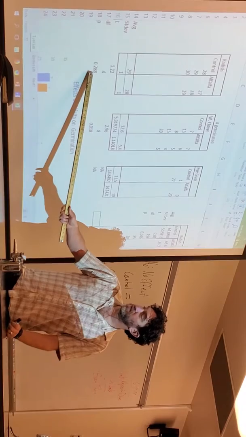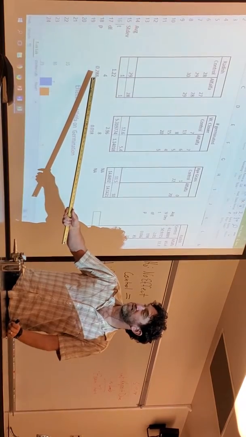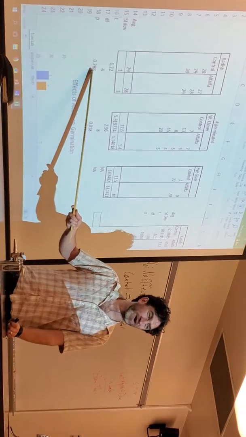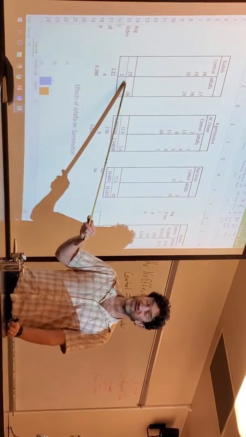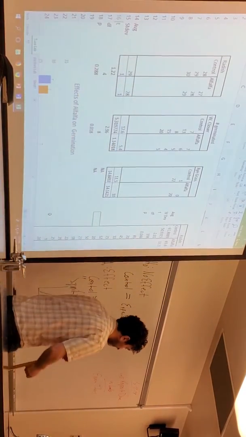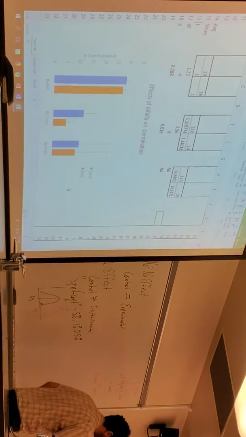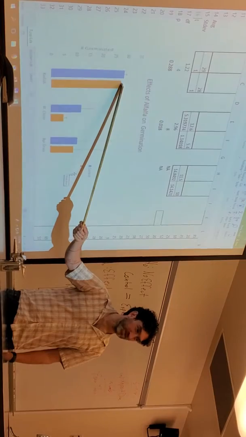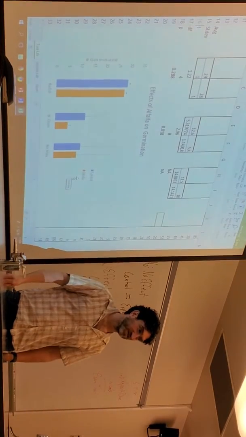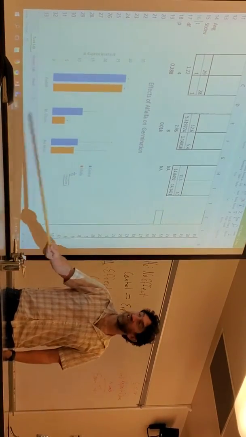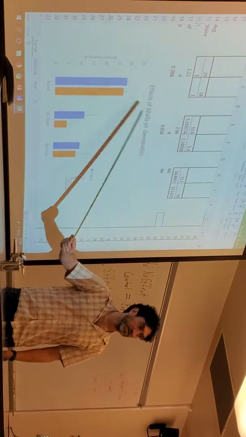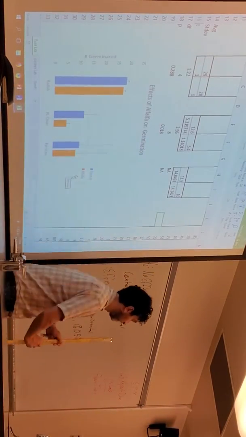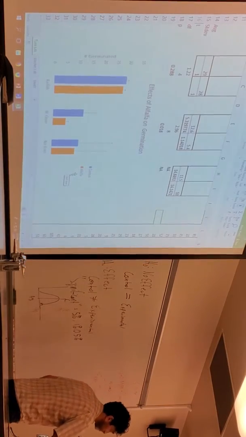And this is our probability that they are the same. It's pretty high. You can see the averages are very similar, and when I plotted the data down here, they're pretty much the same. It's not that surprising. So there's no effect of alfalfa on the germination of radish.